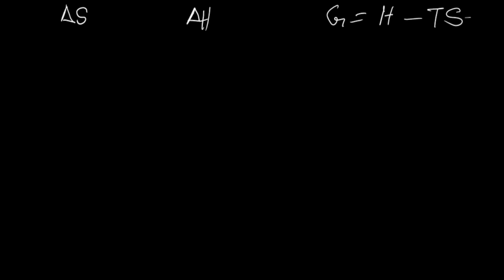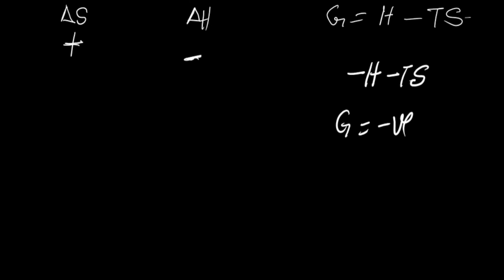Now, in a case where we have entropy positive and enthalpy negative, what happens? This simply means that we have negative H, negative TS. This would give us an overall negative G. So G would be negative, and we already established that this would be a spontaneous reaction.